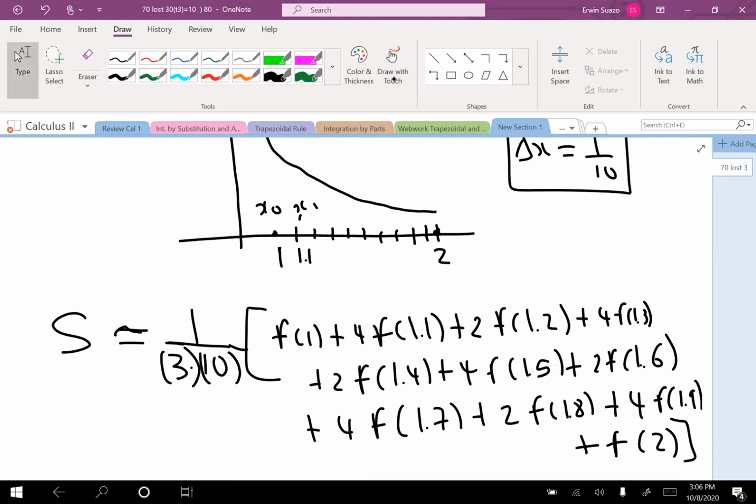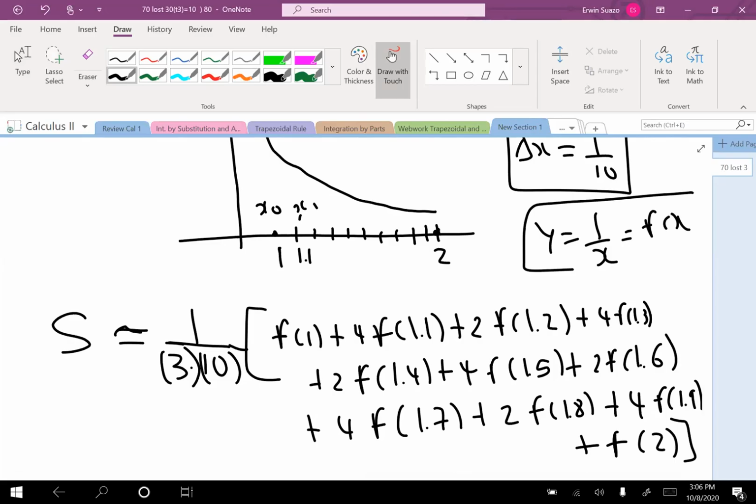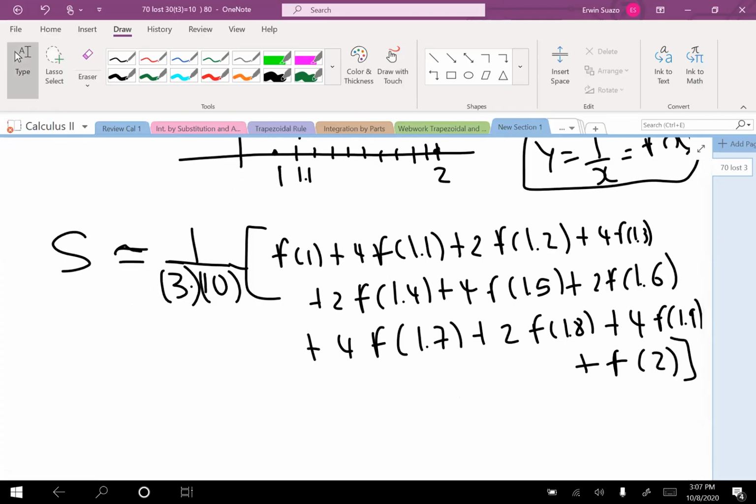So remember, y is 1/x, so f of x is 1/x. This guy is just 1/1, then 4 over 1.1, etc., 2 over 1.2. So do you guys have a number? Somebody got it? What number do you get?